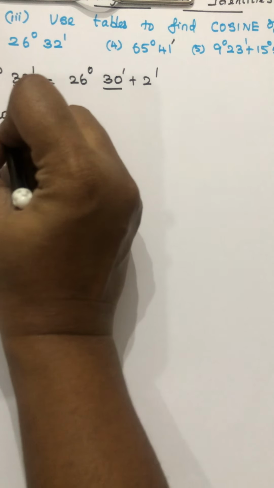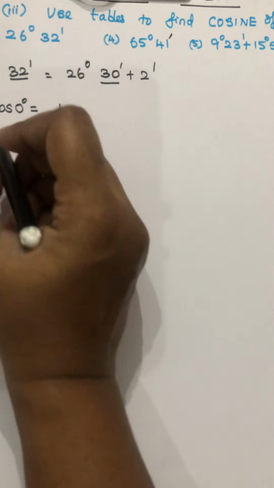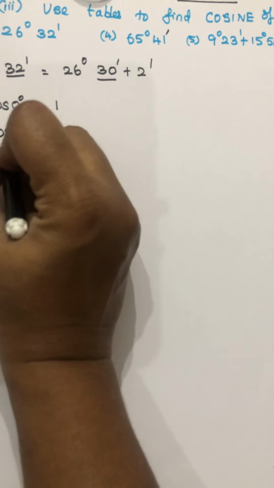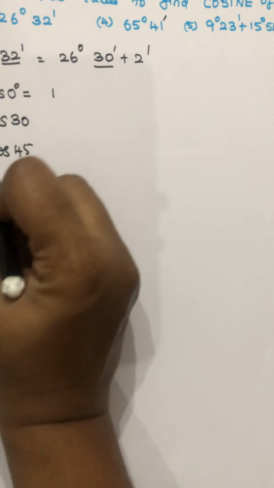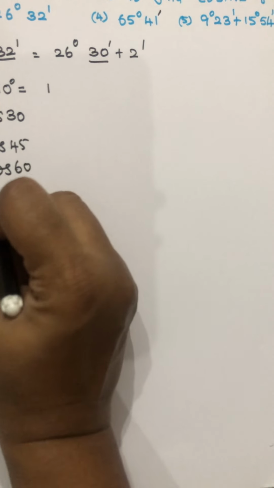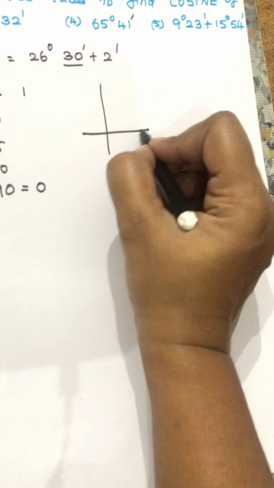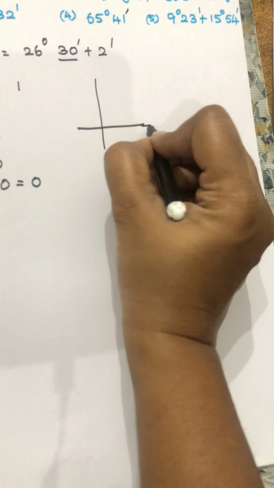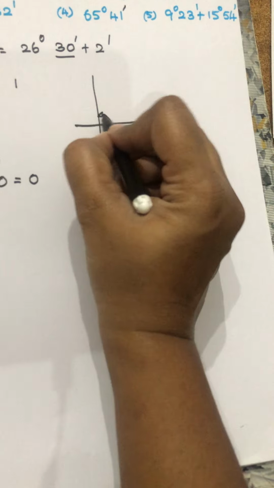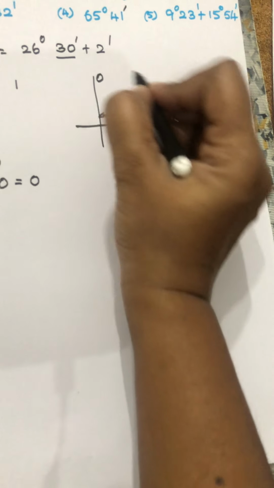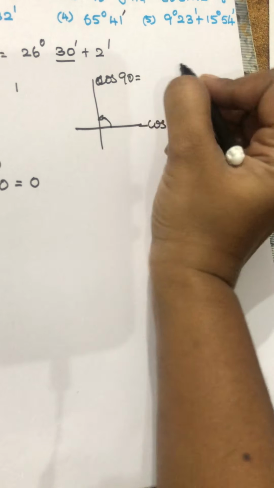Because cos 0 degree has the value 1, then cos 30, cos 45, cos 60, and cos 90 is 0. So as the angle increases, the value decreases to 0.